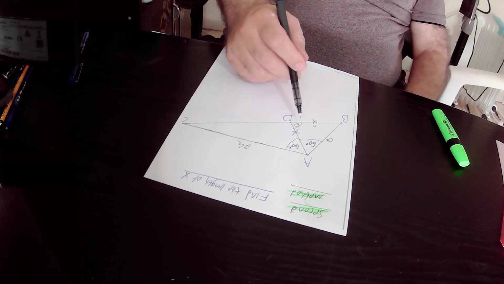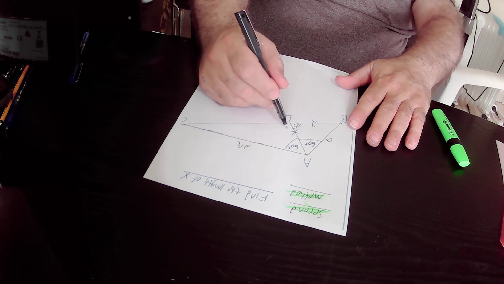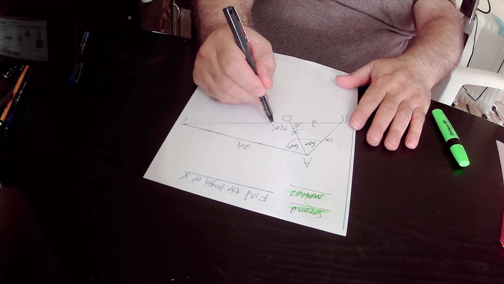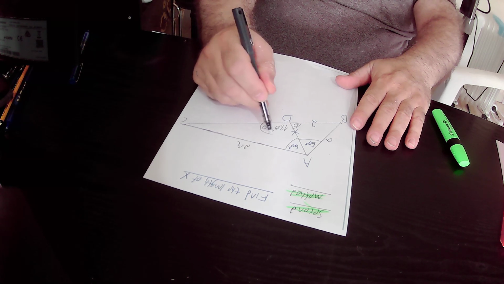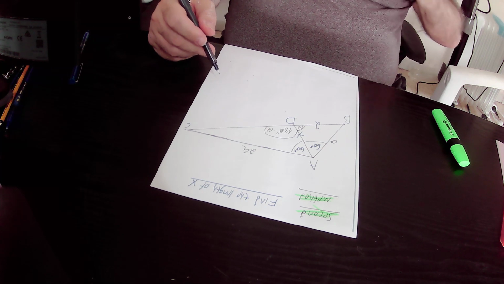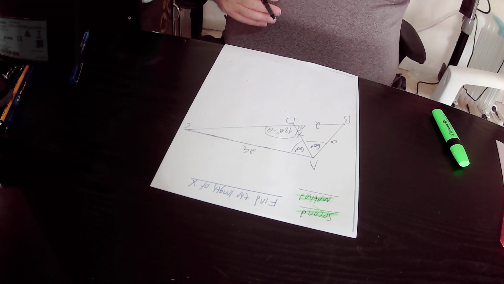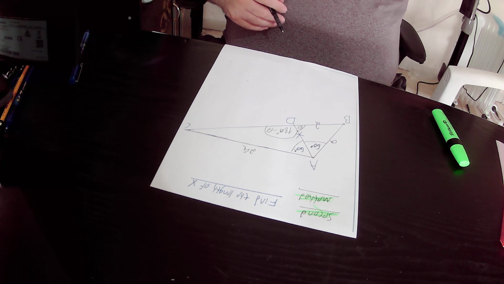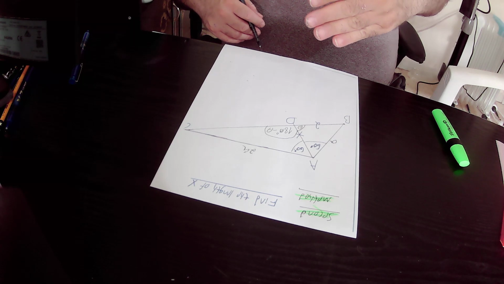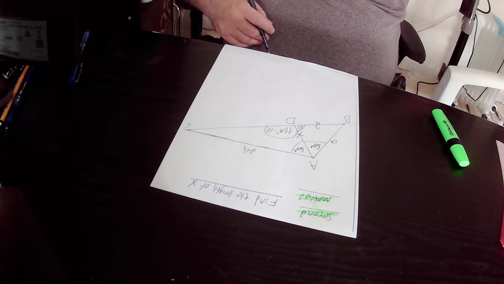So if angle ADB equals theta, then angle ADC must be equal to 180 degrees minus theta. Why? Because 180 degrees minus theta plus theta is equal to 180 degrees, exactly according to the rule that the sum of the angles on one side of a straight line is equal to 180 degrees.